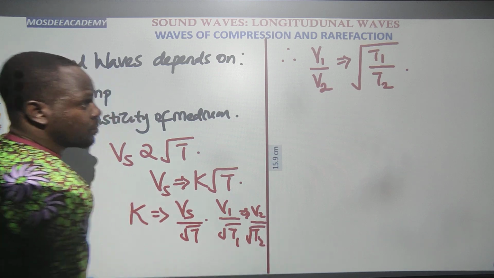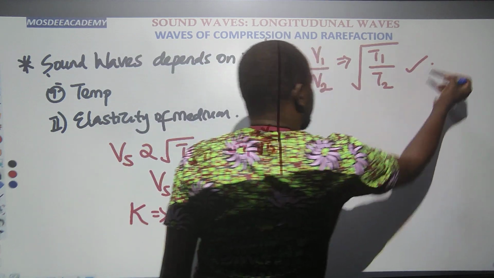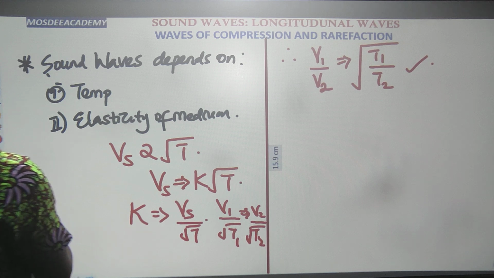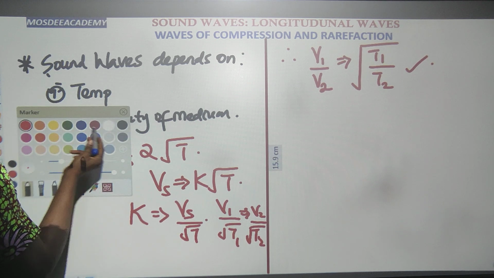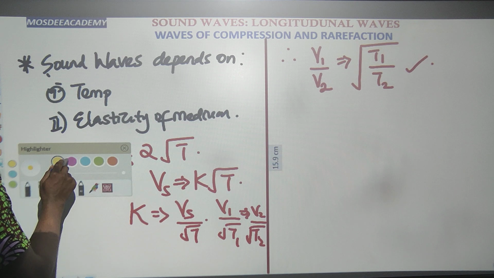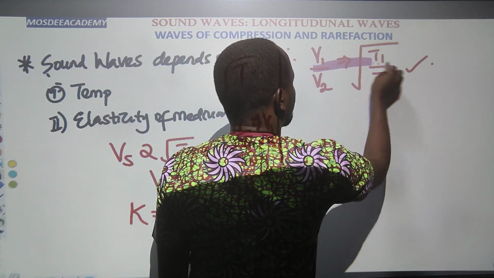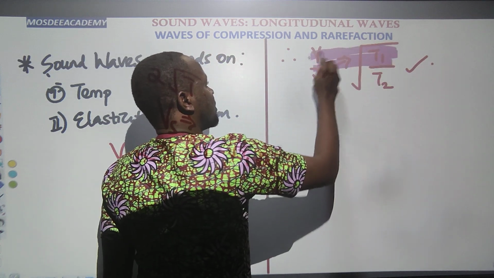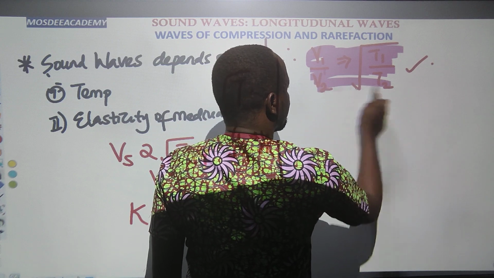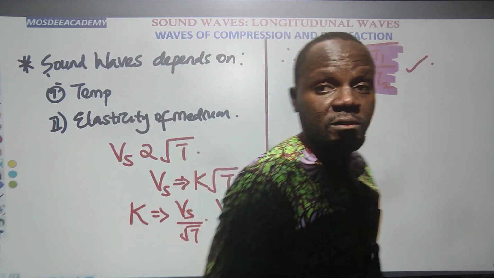This is still the same thing as what I've written there. So the first formula you are going to keep in mind, which we are going to use to solve some questions from JAMB, and most questions today were from JAMB according to my admin. I asked them to pick O-level questions for you guys to see the importance of all these things we are doing. Please keep this formula in mind to relate the speed of sound with respect to temperature.